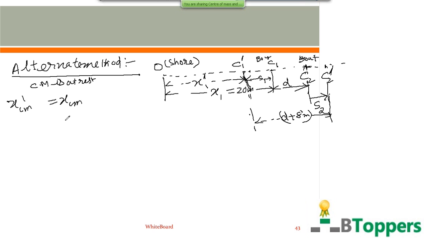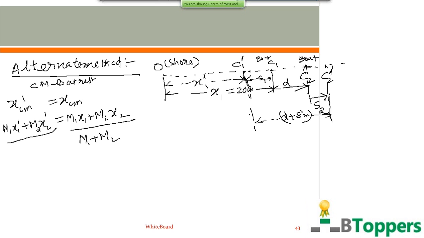Xm dash equals Xm. Xm is the initial distance of the center of mass from the origin. You can write it as (M1 X1 plus M2 X2) by (M1 plus M2). Xm dash is the new distance of the center of mass from the origin, which you can write as (M1 into X1 dash plus M2 into X2 dash) by (M1 plus M2).